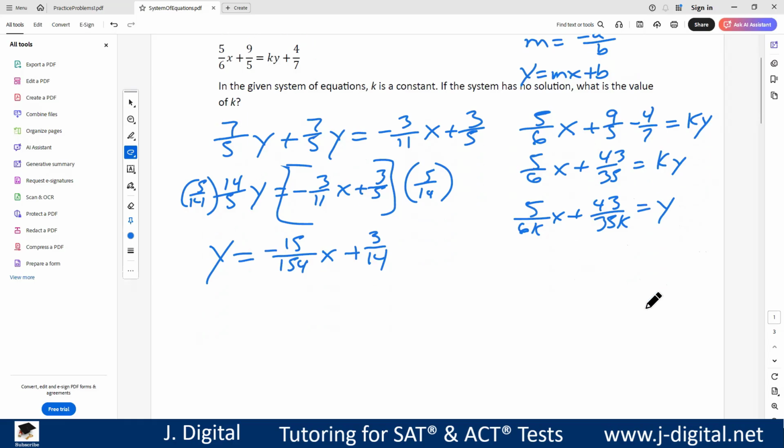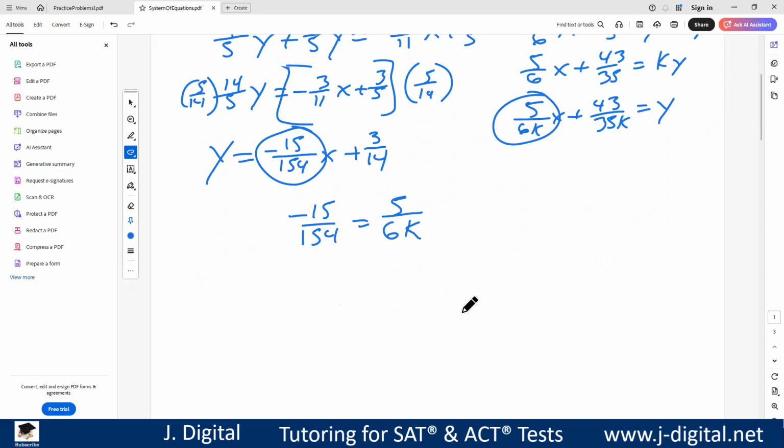Okay, so again, we care about the slopes being the same. We have negative 15 over 154x. So negative 15 over 154 is the slope here. And then 5 over 6k is the slope in that one. So we just set them equal to each other. And then we can just rearrange this to get k by itself.